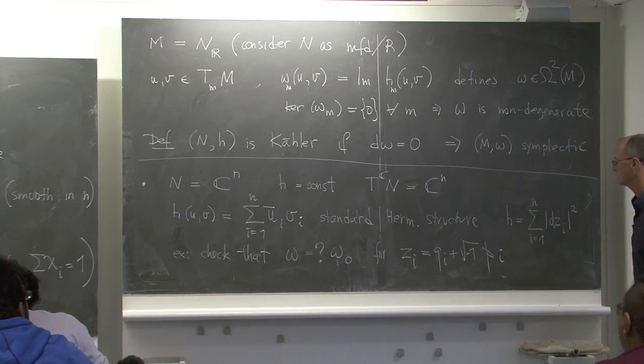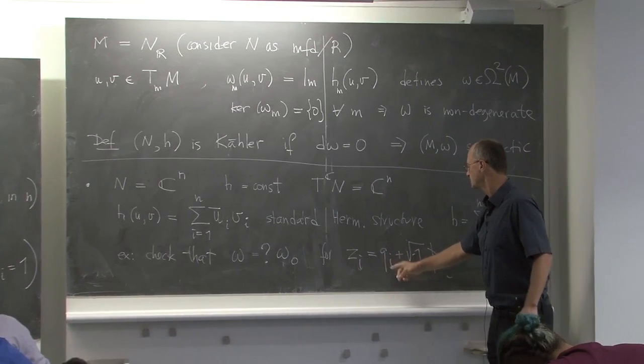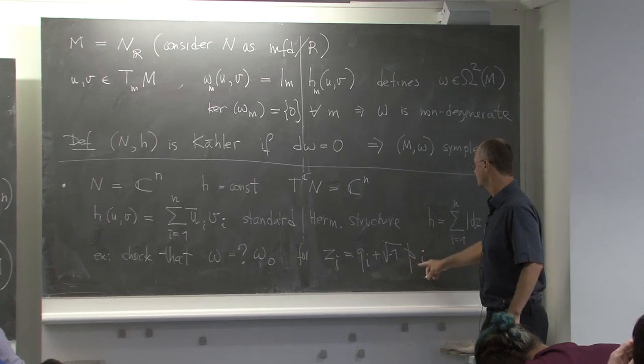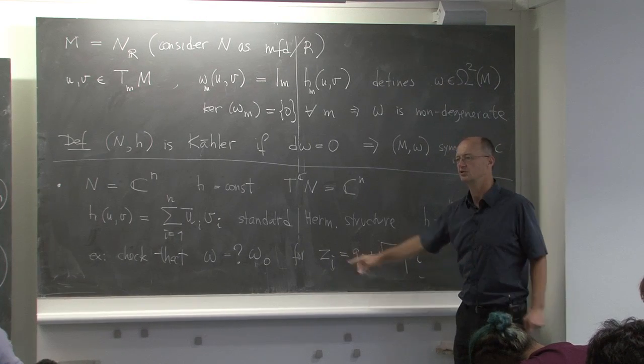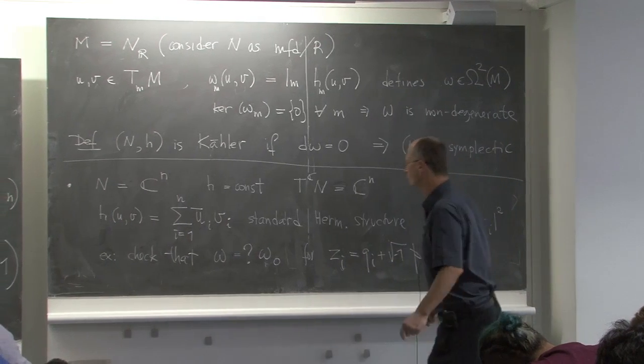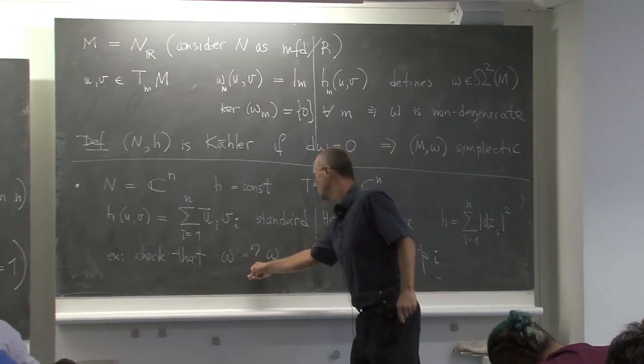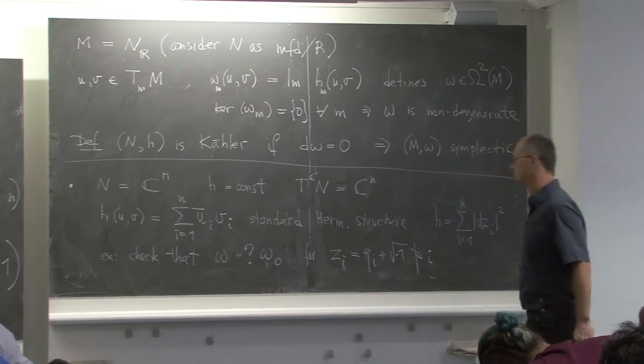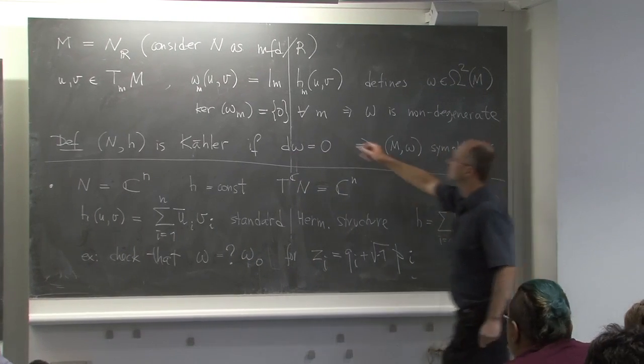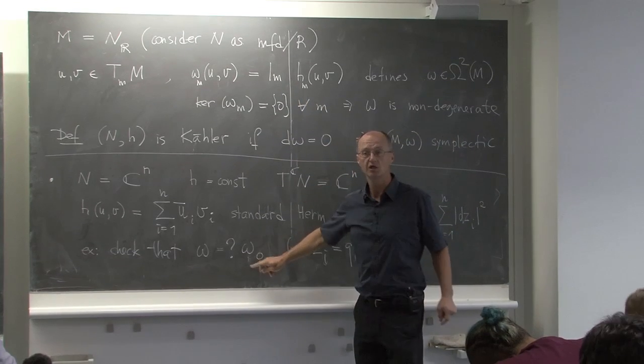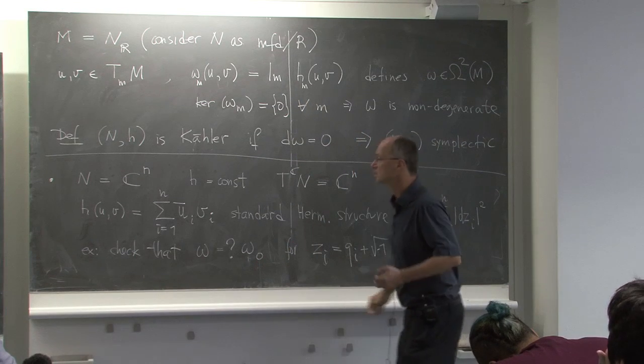So we can encode z_i's as q_i's plus i p_i's, where q's and p's will be future canonical coordinates. And then up to some multiple, we'll obtain the omega from this construction equal to the standard symplectic form.